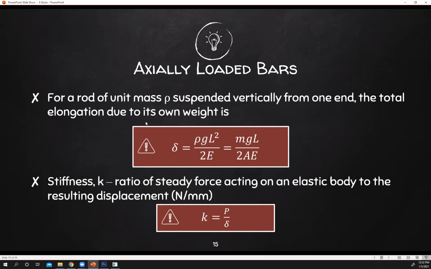The total elongation due to its own weight is this equation right here: deformation equals rho g L squared over 2E equals MgL over 2AE. So let's figure out what that rho is, and how I got this equation.